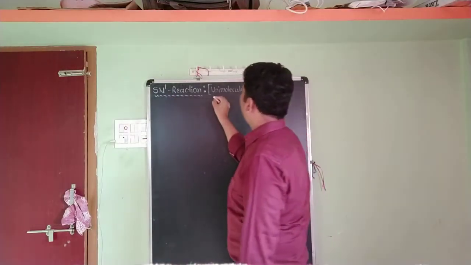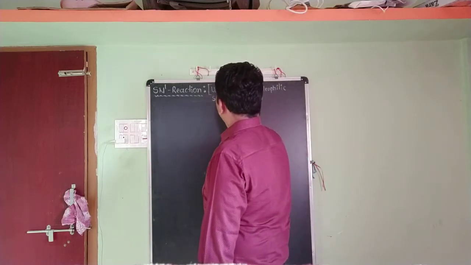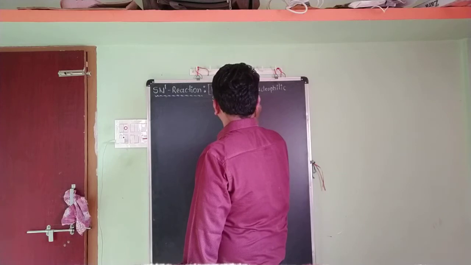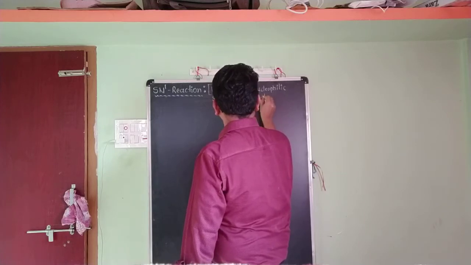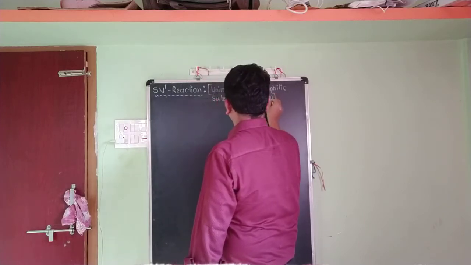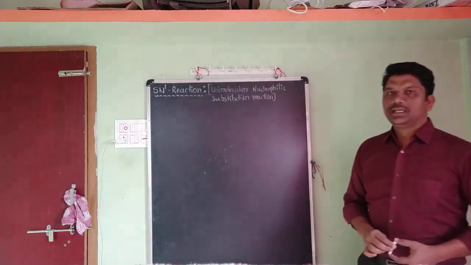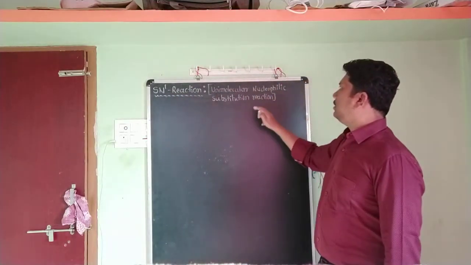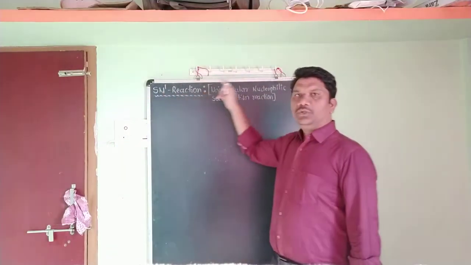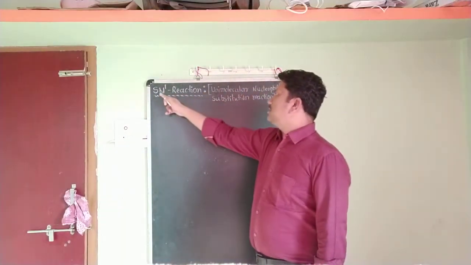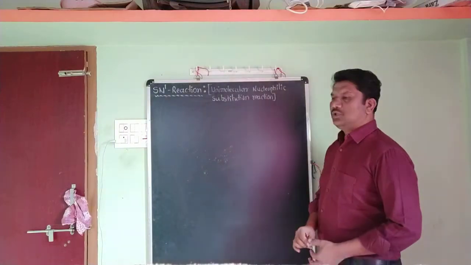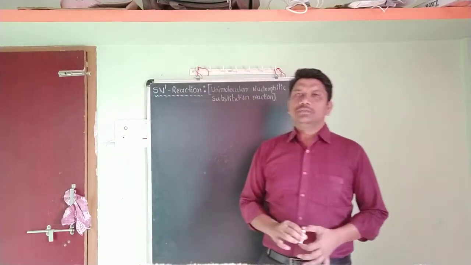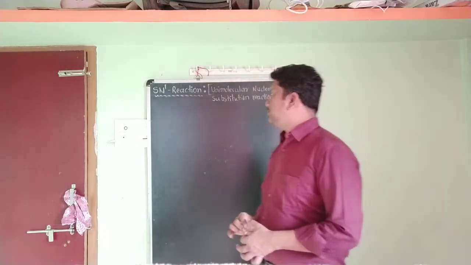Unimolecular nucleophilic substitution reaction. SN1: 1 stands for unimolecular, N stands for nucleophilic, and S stands for substitution reaction. It is an example of nucleophilic substitution reaction.